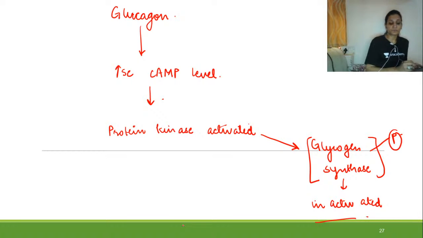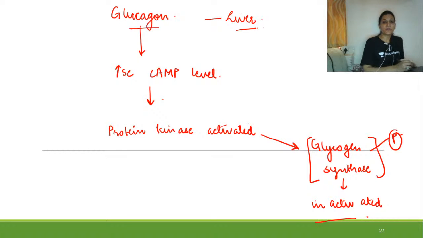This is how glucagon will perform this action in the liver. When we are talking about liver and muscle, both tissues, the hormone which will perform this activity is epinephrine.